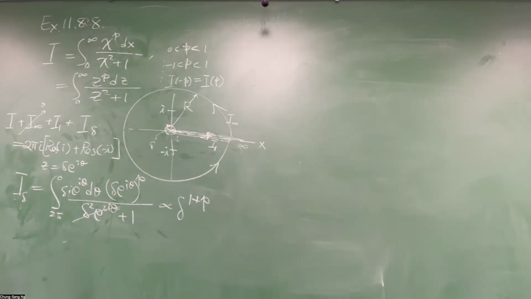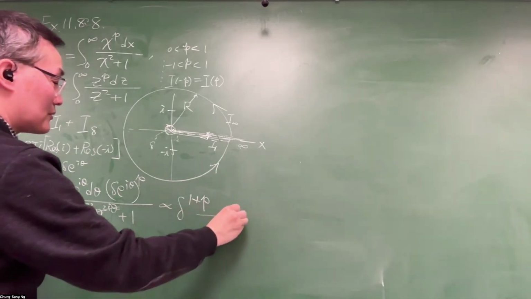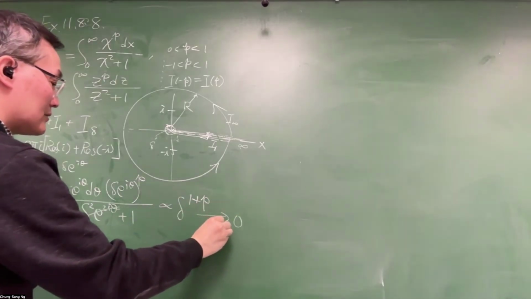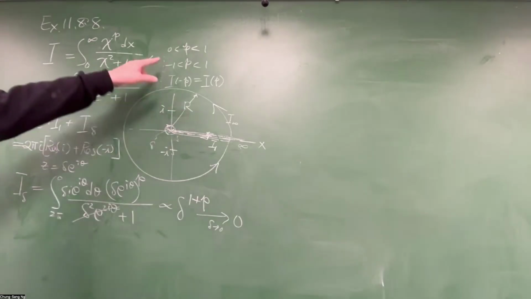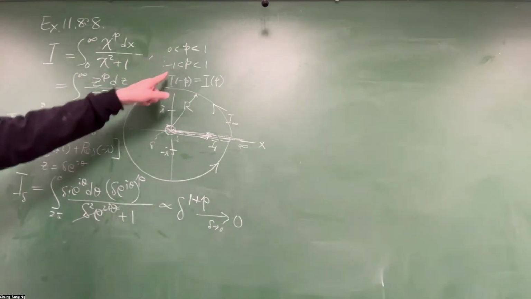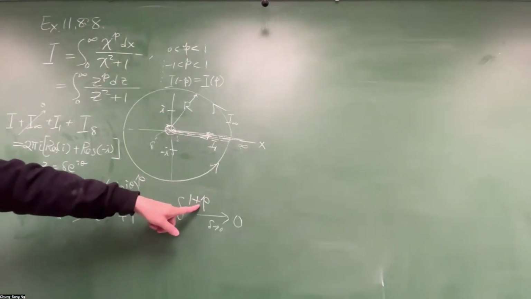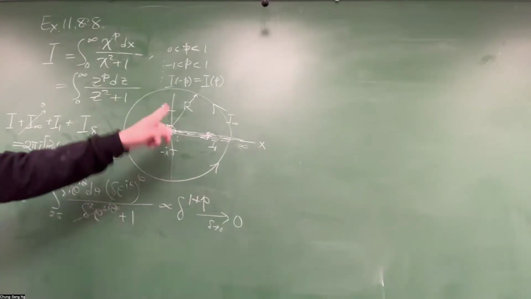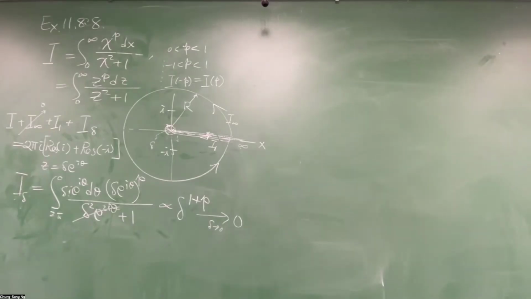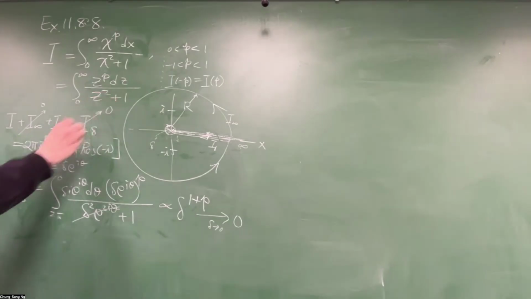Okay. And as delta goes to 0, it goes to 0. Okay, so that is fine. And then you can see that as long as p is greater than -1, this is still true. If p is greater than -1, this is still going to 0. So you can still use the same thing. Okay, so I sub delta is 0.